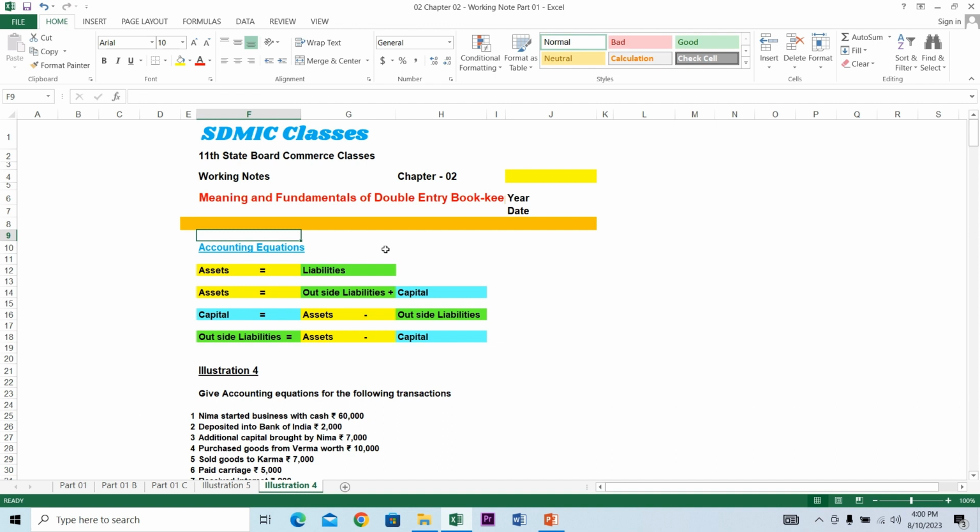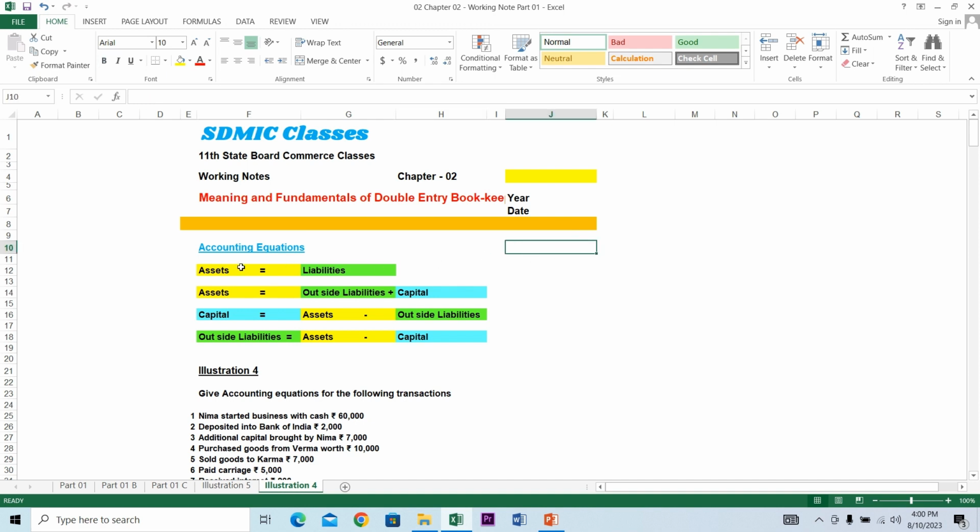Okay, now the accounting equation: assets is equal to outside liabilities plus capital. Total assets बोलेगा तो outside liabilities plus capital. Means balance sheet में left side liabilities and right side assets आता है.